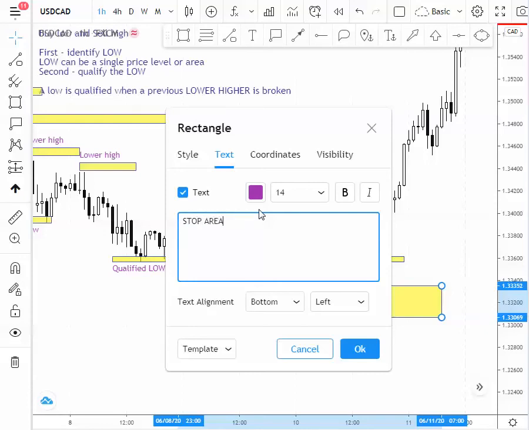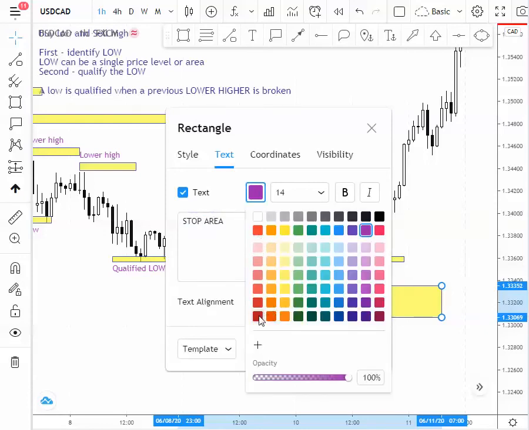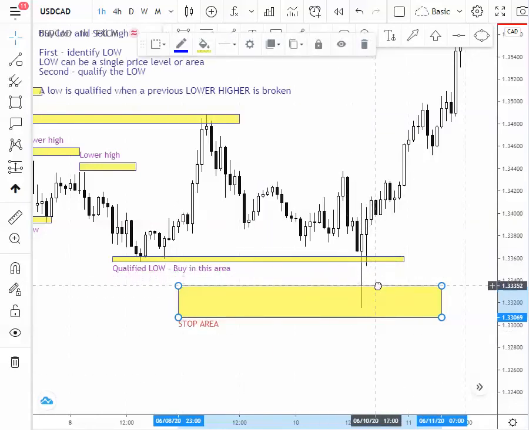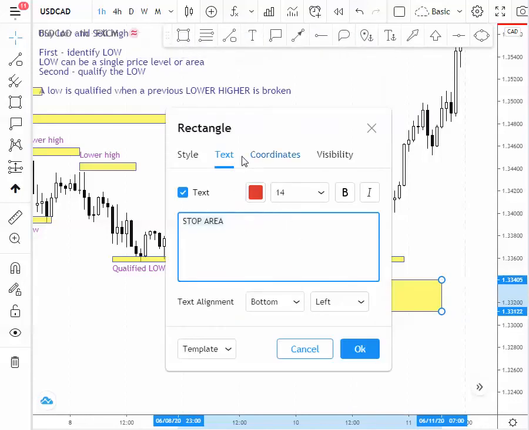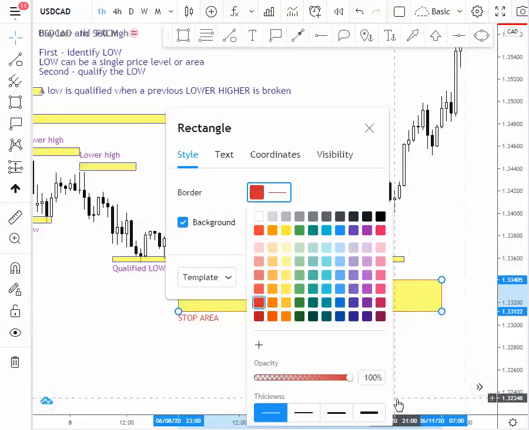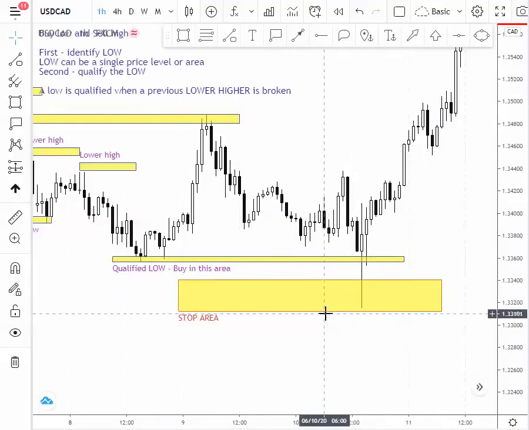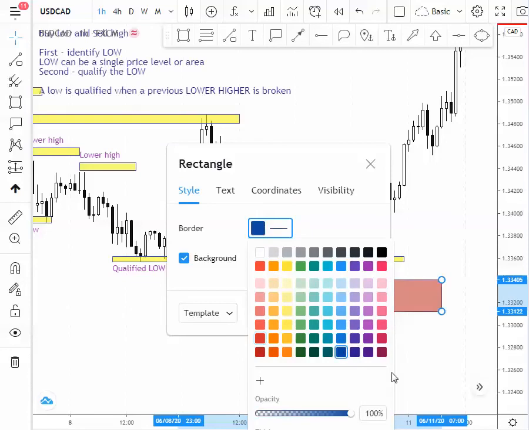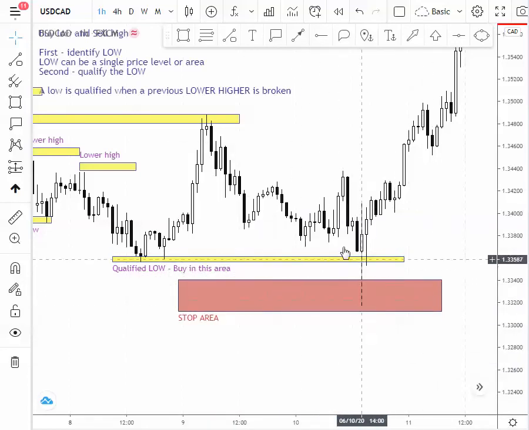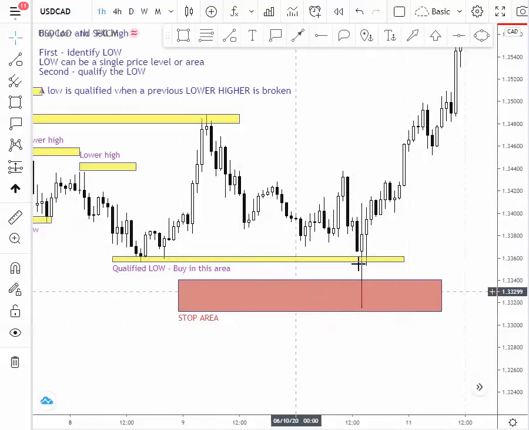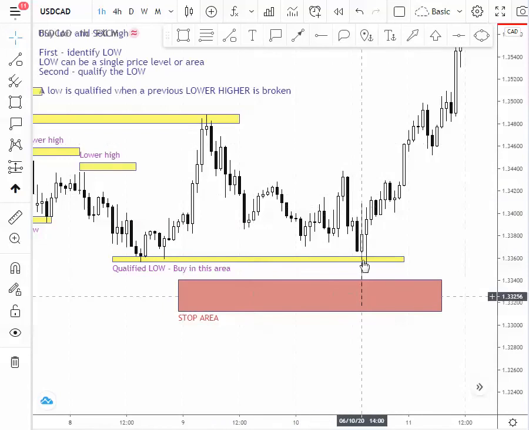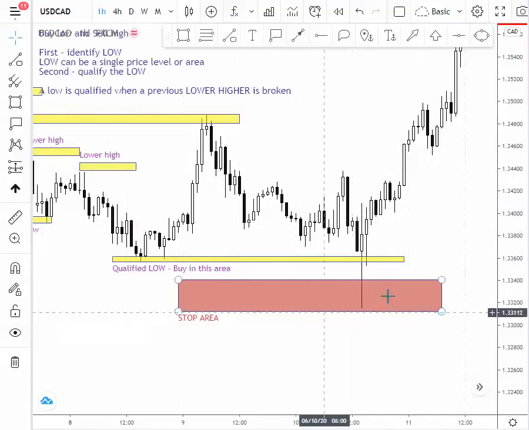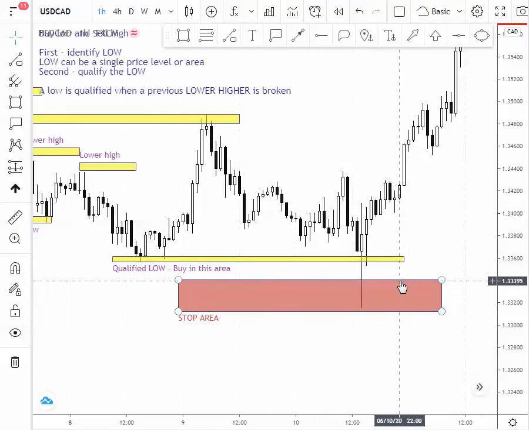And again, I'm using the word area instead of stop level, because at the very minimum, what I'm looking to do is let the bar close before I put on the stop. We know that, again, there can be pin bar setups, there could be fakies, there could be stop runs, and clearly in hindsight we can see this was a stop run. So you don't want to put your stop in an area where there's going to be a stop run.